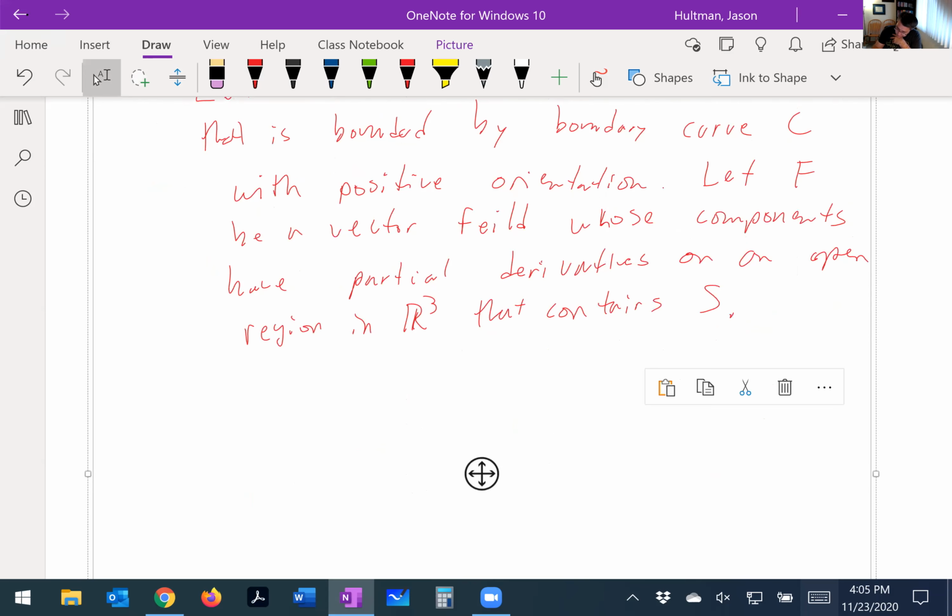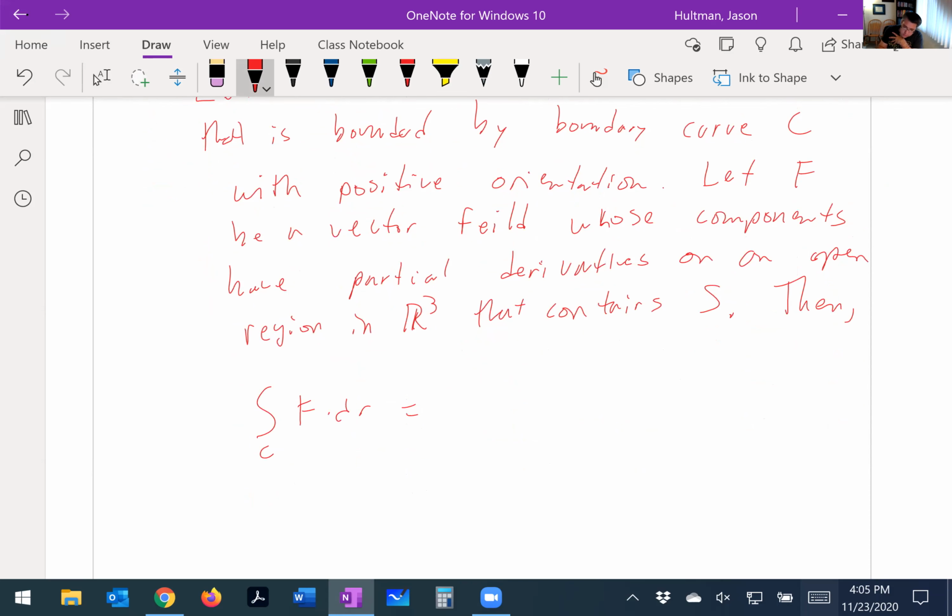If this is true, then the line integral of F dot dr is equal to the surface integral of the curl of F dot dS.